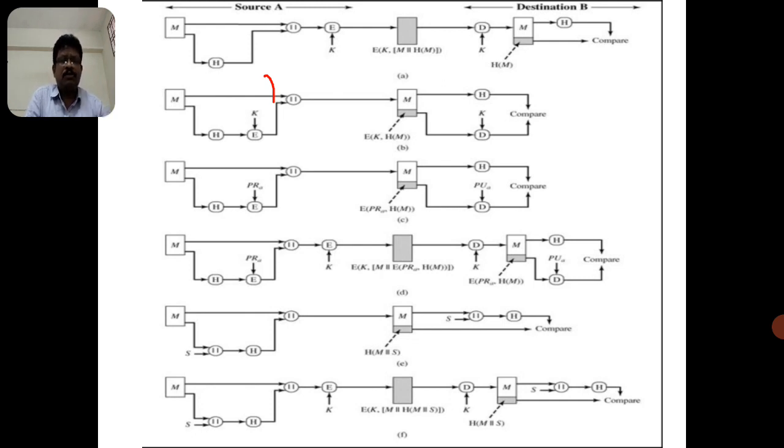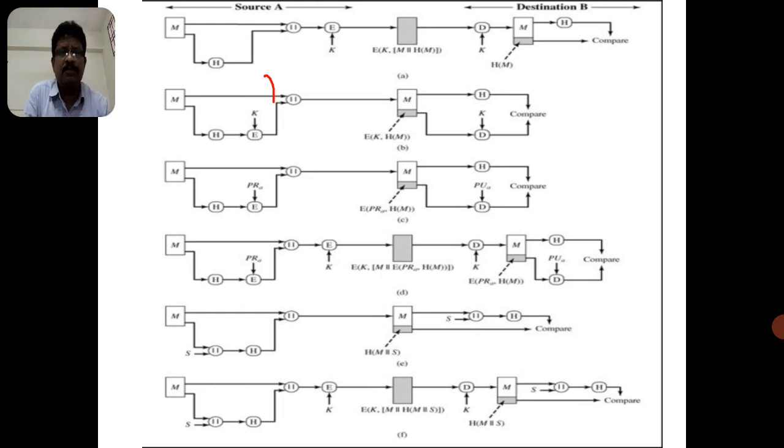Now we know that in cryptography, a conventional crypto system means a single key is operated on both sides, the sender and the receiver. Here you can observe the first two diagrams. That is a conventional crypto system: the single key is operated on both sides, the source and the destination. Now observe that this key is applied before concatenation and after concatenation.